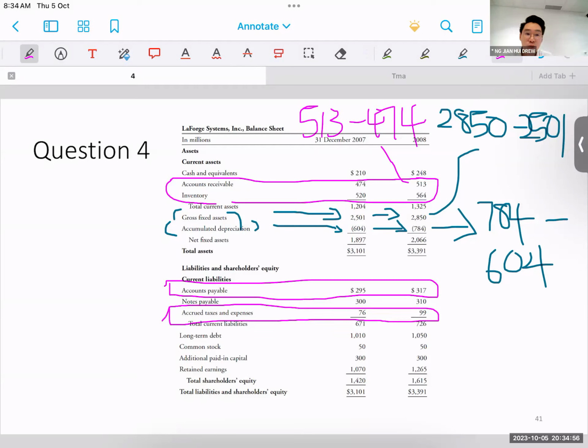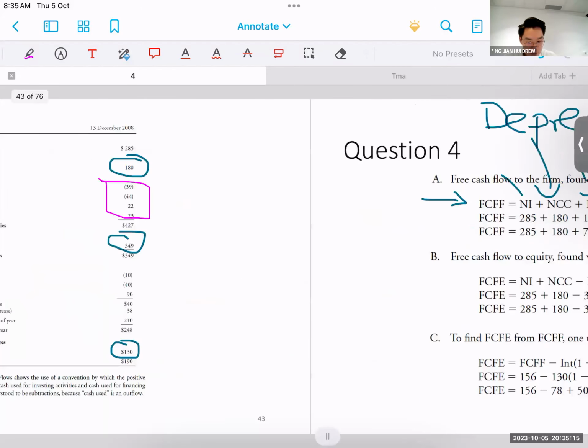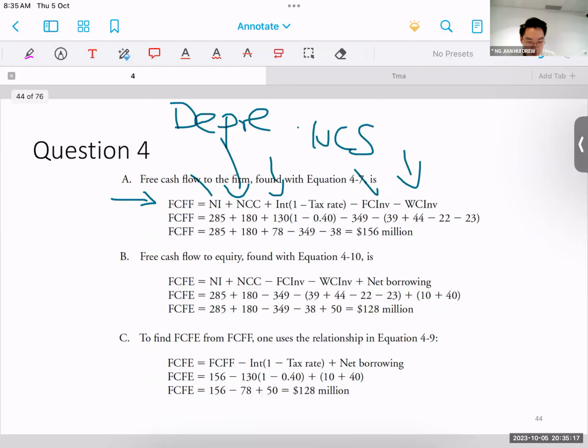Do you notice that note payables is not included, right? Because note payables are debt instruments. So anything that is a note is a debt straight away.